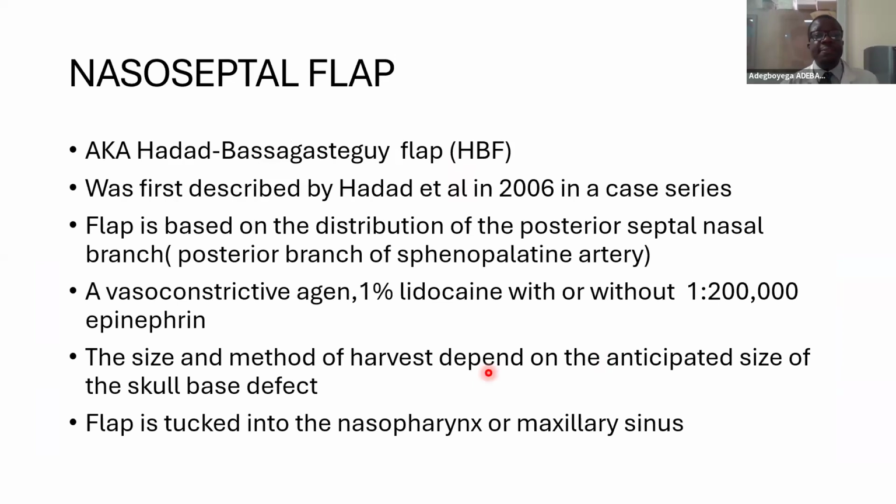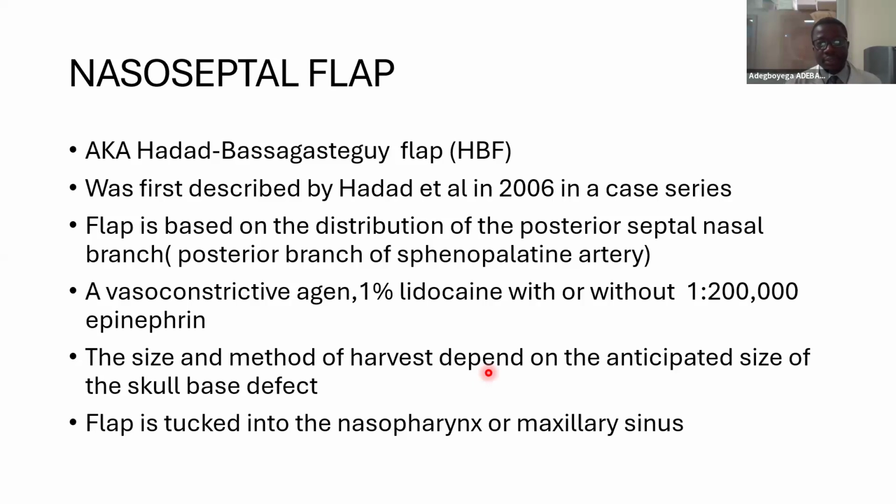The nasoseptal flap was first described by Hadad et al. in 2006 in a case series that was reported. The flap is based on the posterior blood supply from the posterior septal branch of the sphenopalatine artery.